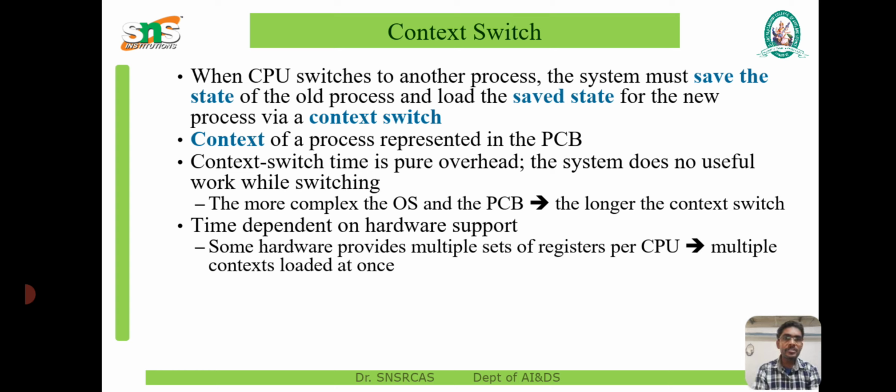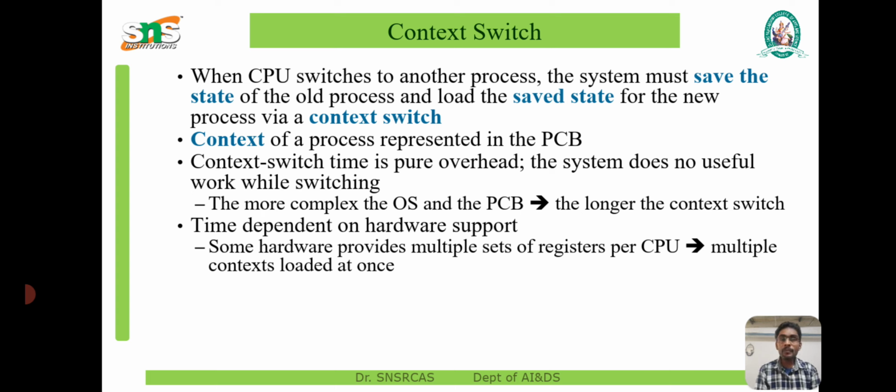When the central processing unit switches to another process, the system must save the state of the old process and load the already saved state of the new process. This concept is termed context switching. The context of a process is always represented in the process control block, which we discussed in the earlier topic.